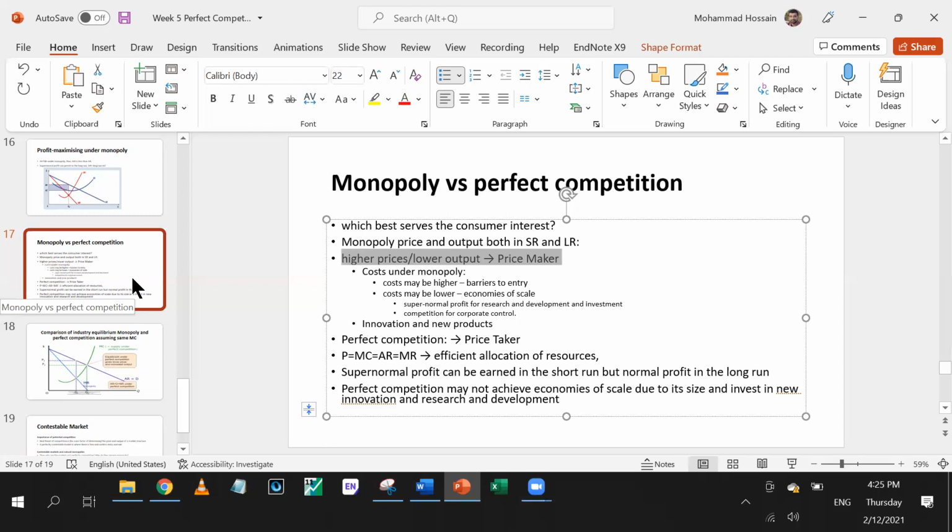Cost under monopoly may be higher because of barriers to entry. They try to keep the product very unique and special, a differentiated product. To do this, they have to do different types of lobbying. They have to make the government understand why they need to be protected, so a lot of money goes in there.